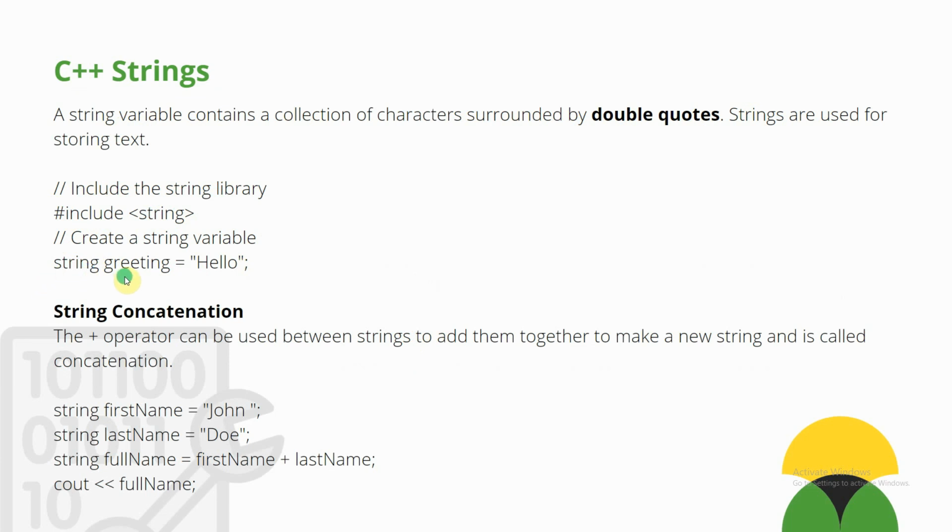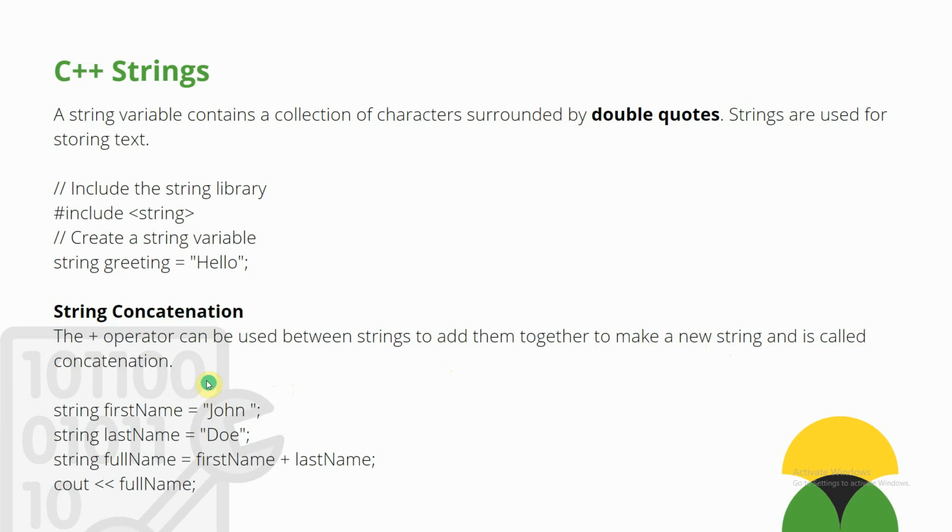Example in this one, string greeting equals "Hello" in double quotes. For string concatenation, the plus operator can be used to add strings together and make a new string. That is what we call concatenation of strings.